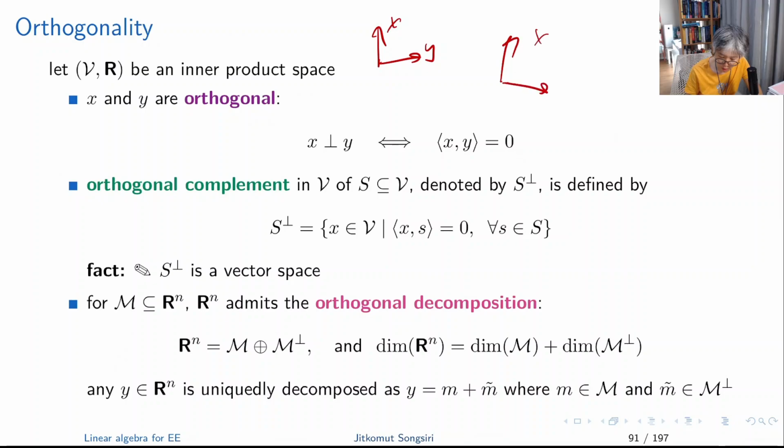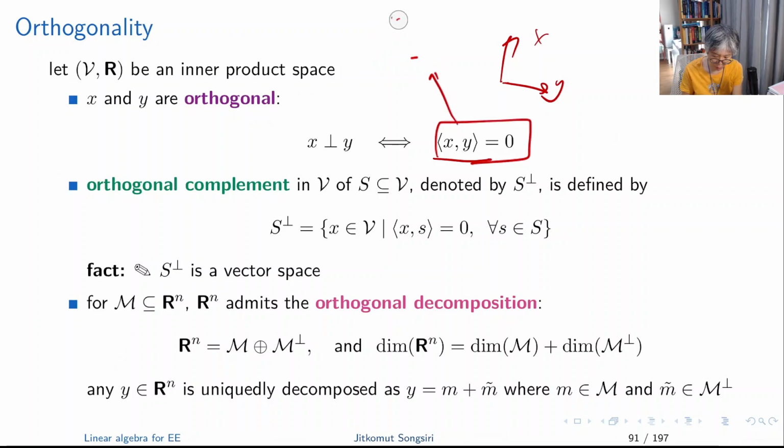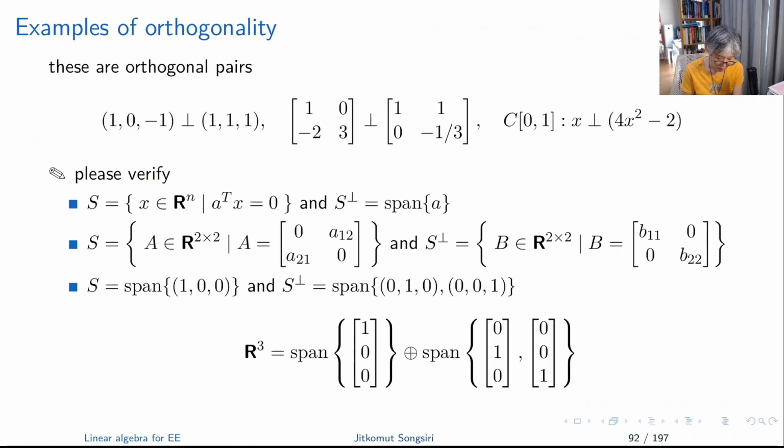right? But this concept is not just limited to vector space Rn. Any inner product space can be explained by this concept. Okay, we're gonna have an example here.